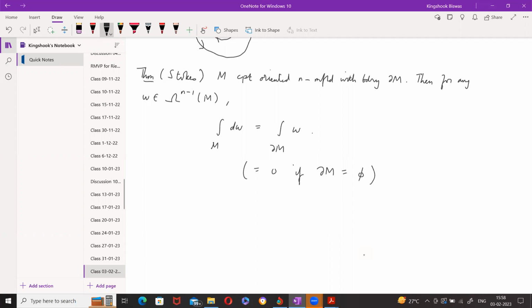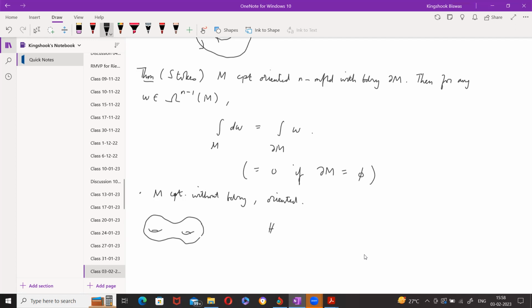if you have a manifold without boundary, then suppose M is compact, without boundary, and oriented. Suppose it's an oriented compact manifold without boundary, for example a surface of genus G. This is orientable and without boundary. So then you have what's called the integration pairing.